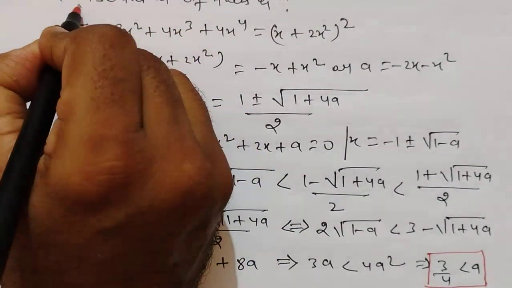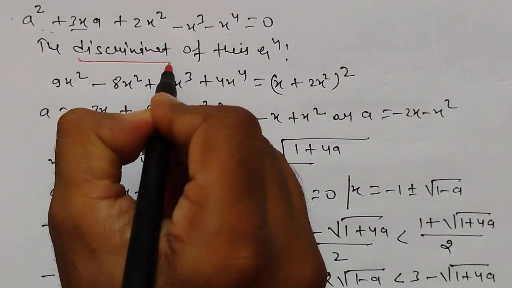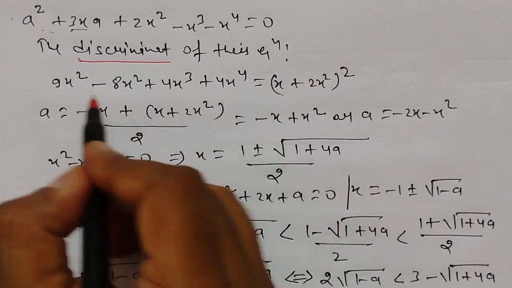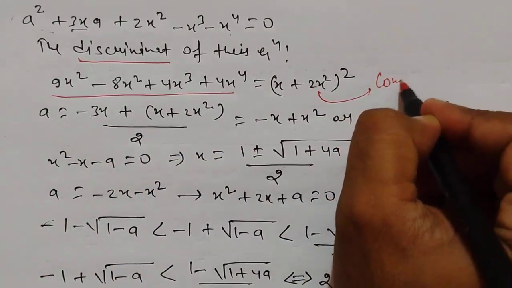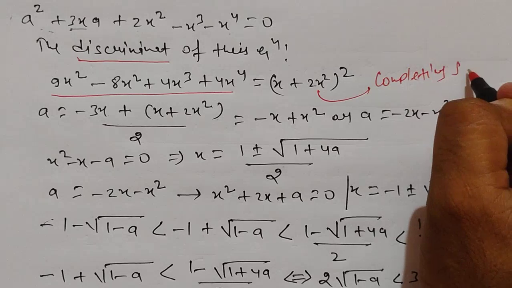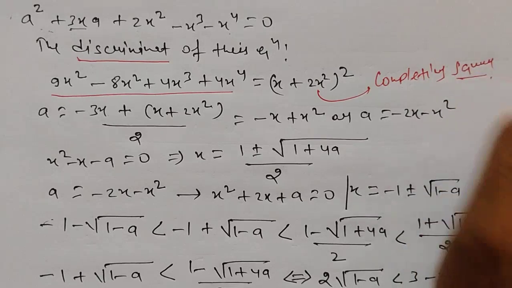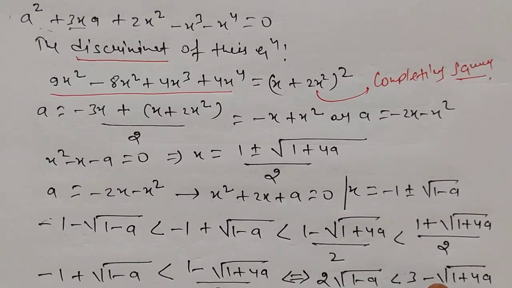The important points here: first, we have found the value of the discriminant, and the second is completing the square.